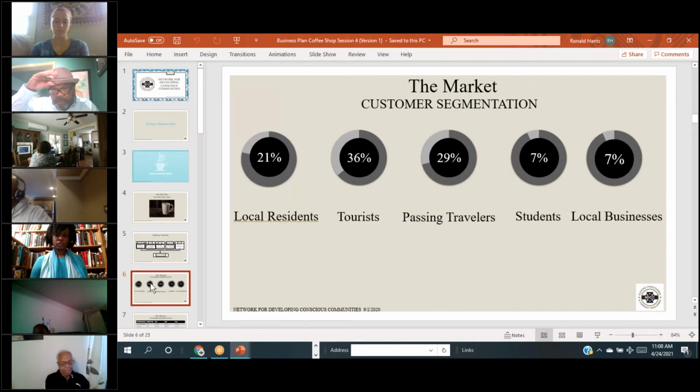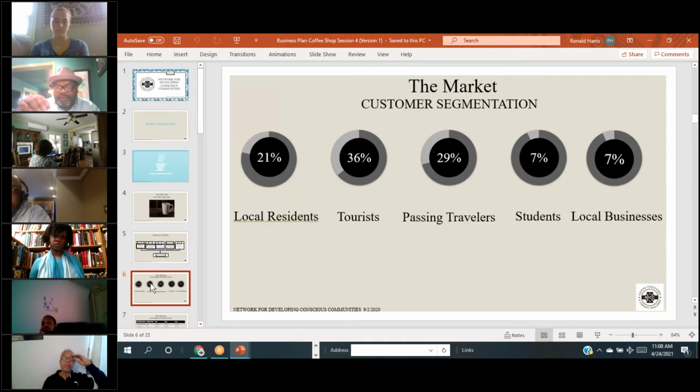Passing travelers, which is usually what you call your foot traffic, people who are walking by your establishment every day. And of course, somewhere along the line, there must have been some geographic location to some kind of a university, because they looked at 7% of their market share coming from students. And the other 77% was coming from local businesses that were located near them as well.